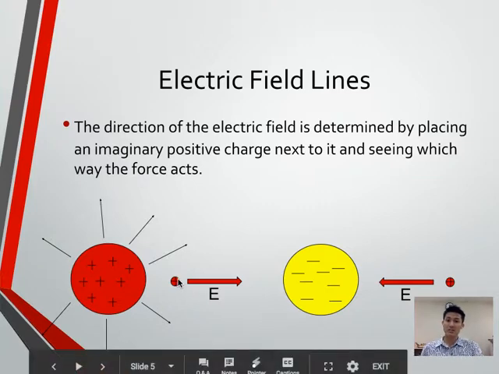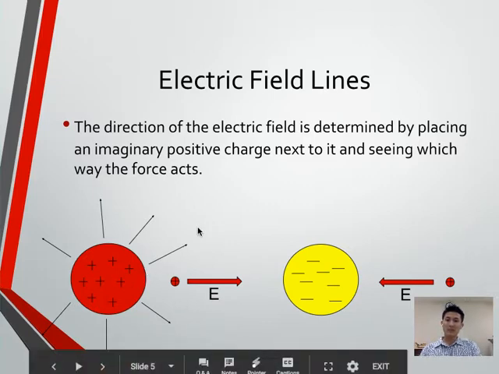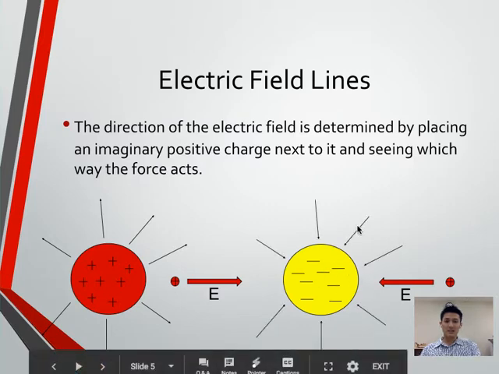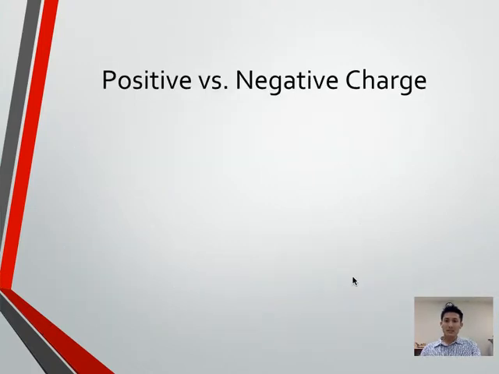Because a positive test charge would move away, we draw the arrows away from the field. Vice versa, if we have a negative electric field, we draw arrows towards it, which is the same direction as a positive test charge would move if we put it next to it.